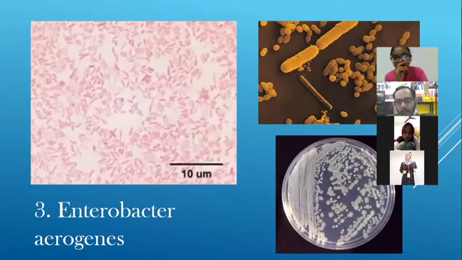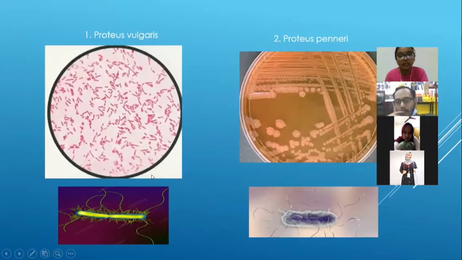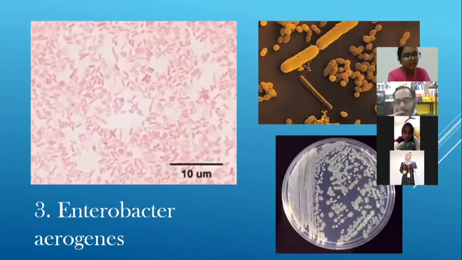This Enterobacter can be divided into two main species: Enterobacter aerogenes, this one, and one more is Enterobacter cloacae, but that one is not here. The picture on the left is the observation under microscope. When we do culturing, this picture on the right, the plate, is the culturing of Enterobacter aerogenes.